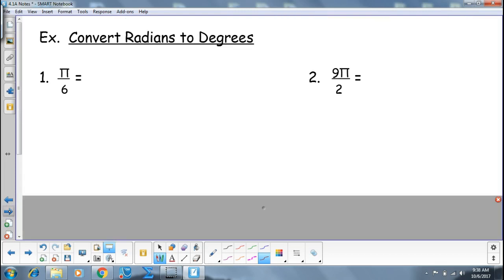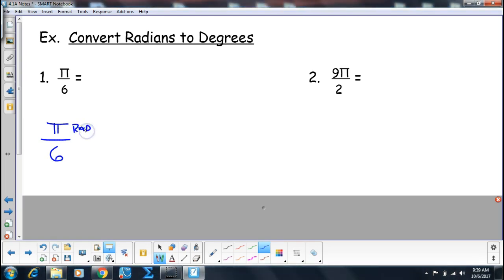Now, we can convert back the other way too. So if I've got pi over 6, and that's in radians because I see pi. Anytime that you see pi, you think radians, unless it tells you otherwise. So now this is in radians. I'm going to multiply that now by 180 degrees over pi radians.